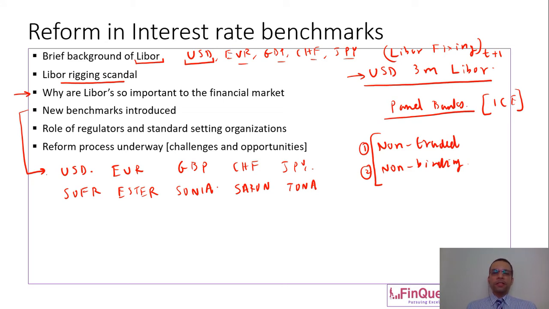Now, the main difference between LIBOR and these benchmarks is that LIBOR was a forward looking measure, whereas all of these new benchmarks are backward looking measures. So, what do we mean by that?